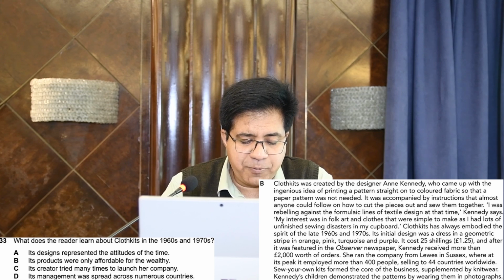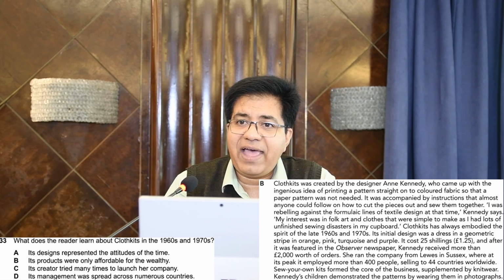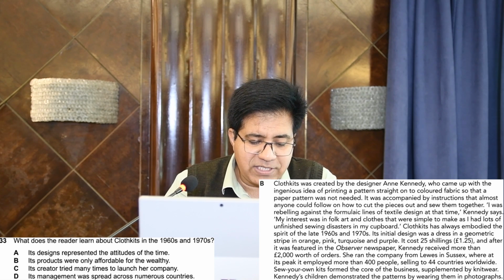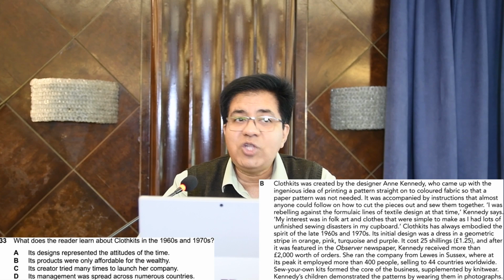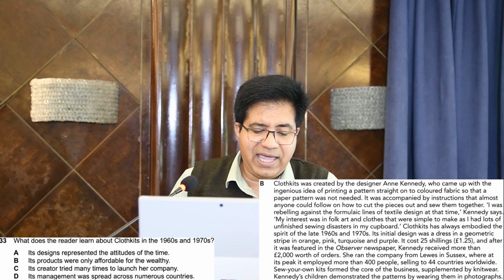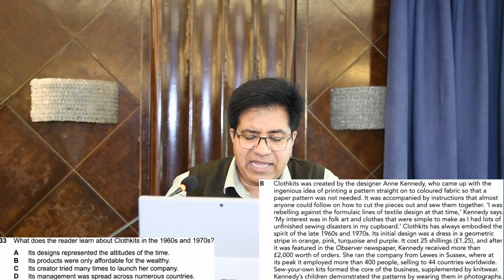Option B, its products were only affordable for the wealthy. Not at all. Option C, its creator tried many times to launch her company. No. Option D, its management was spread across numerous countries. Not at all. Correct answer is A. Designs represented the attitude of the time. Attitude of the time means spirit of 1960s and 70s.